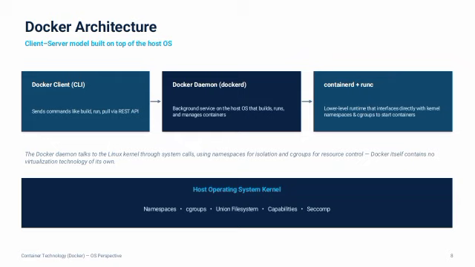The daemon is a background service running on the host OS that actually manages images, containers, networks, and volumes. Underneath, the daemon, containerd, and runc are lower-level components that talk directly to the Linux kernel to actually create the namespaces and cgroups and start the container process.